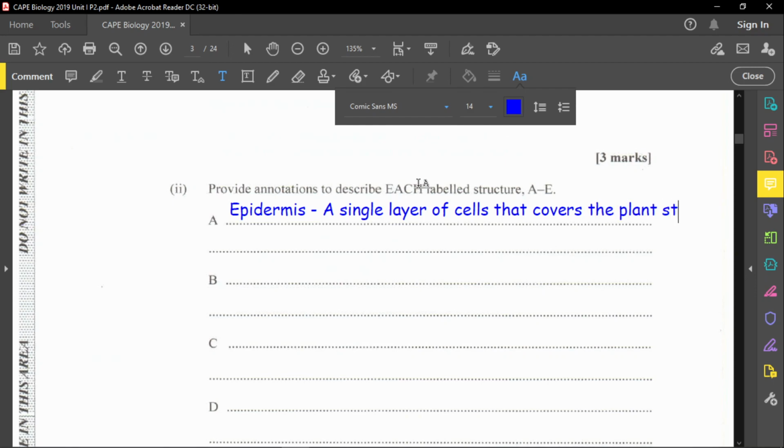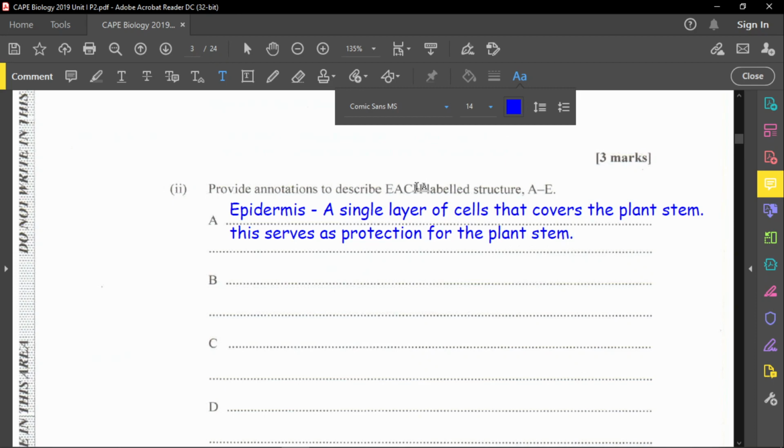All right. And very important to note that this serves as protection for the plant stem.